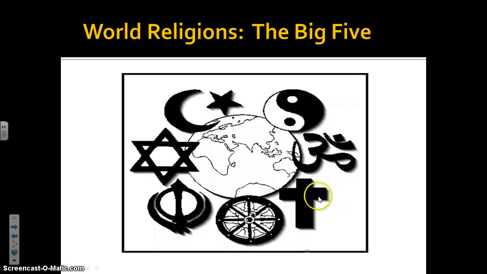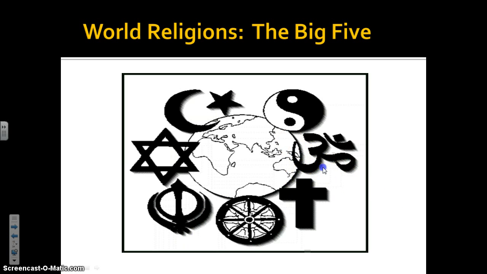And this is the cross, which is the symbol for Christianity, the one you'll be the most familiar with. This is Hinduism, and I believe that's the symbol for Om, which is the holy word. And this is the symbol for Taoism, which is really common in China and in Japan, more so China.